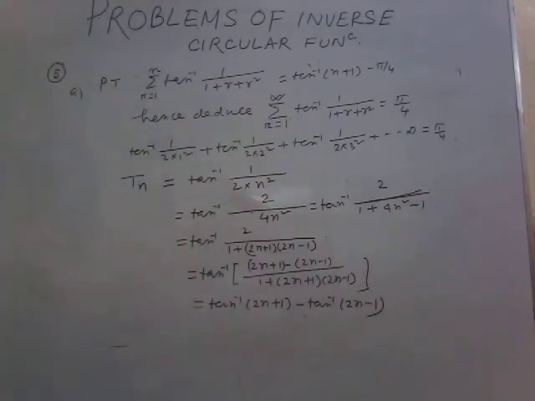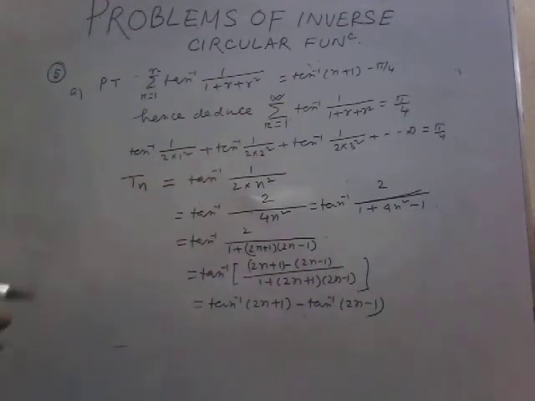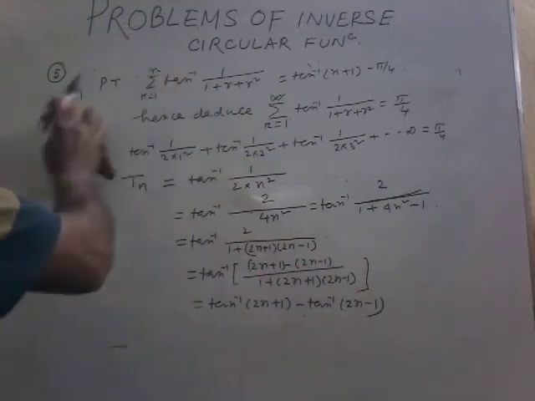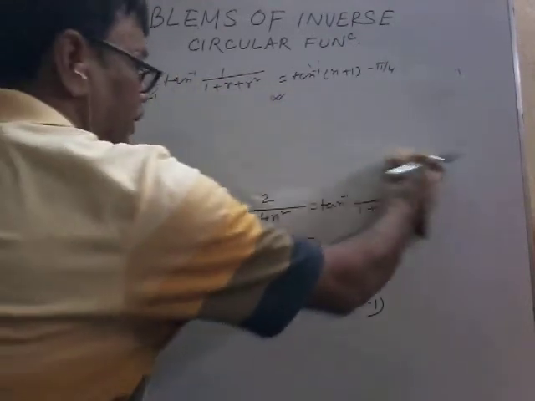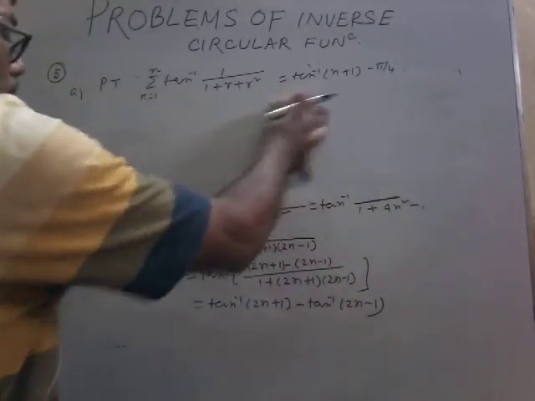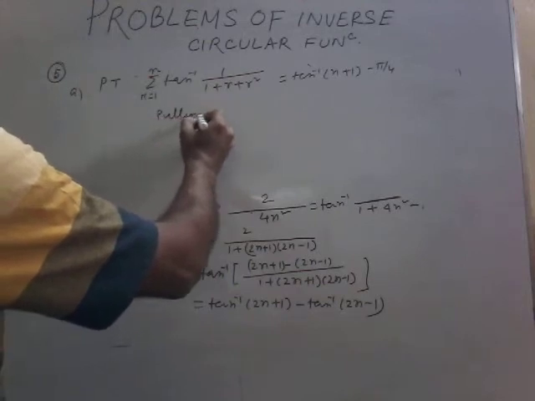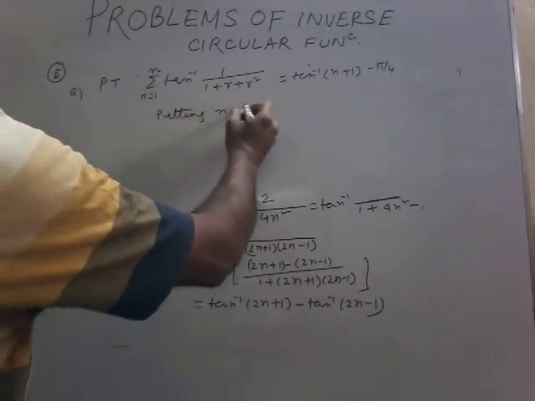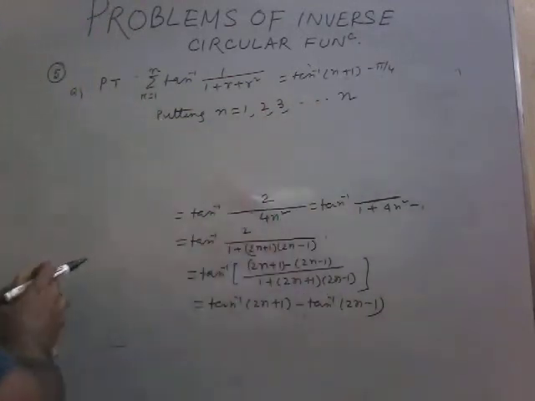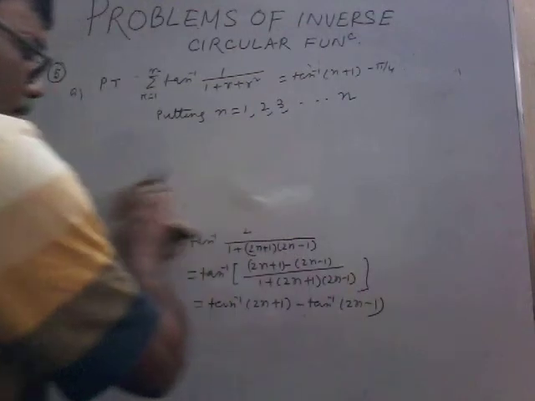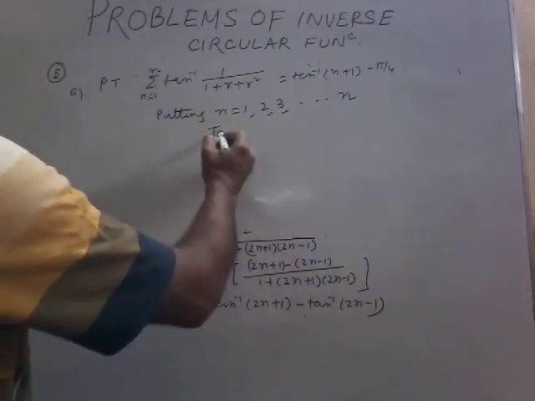So this is Tn. Now it is up to an infinite series. So write, putting n equals 1, 2, 3, up to n. So this is our Tn. What is T1?